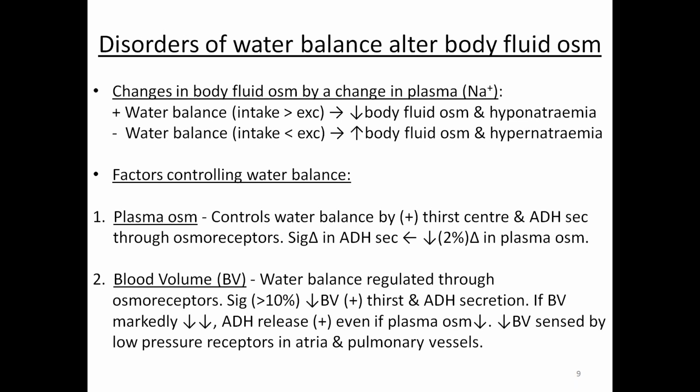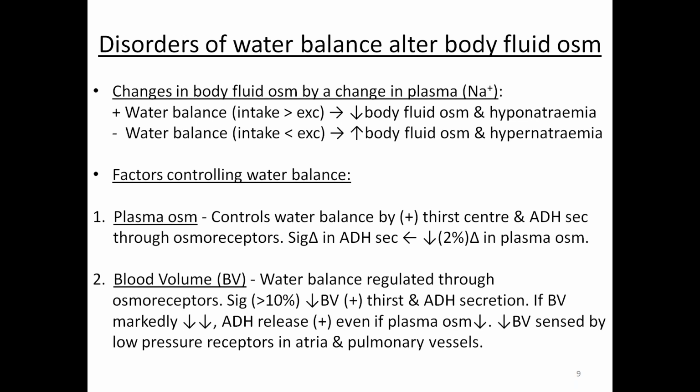So what are the factors which control water balance? The input of water, what I mean is thirst, and the output of water, that means urinary excretion, are both controlled by plasma osmolality and your blood volume. Plasma osmolality controls water balance by stimulating the thirst center and ADH secretion. These two topics are quite important in this unit.